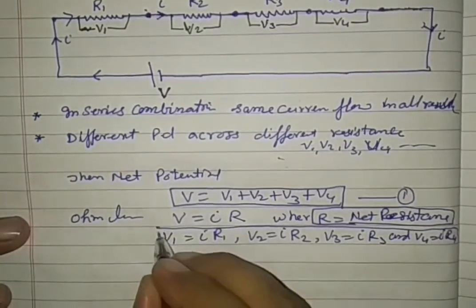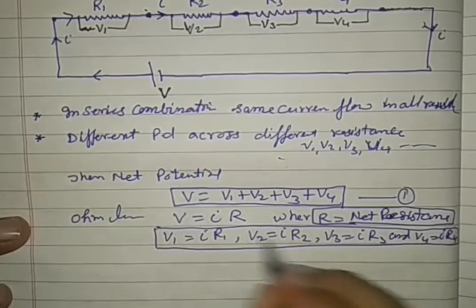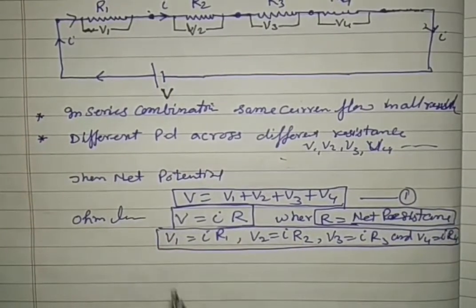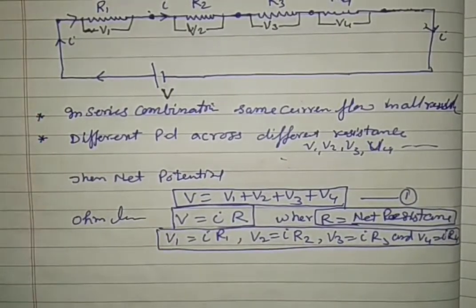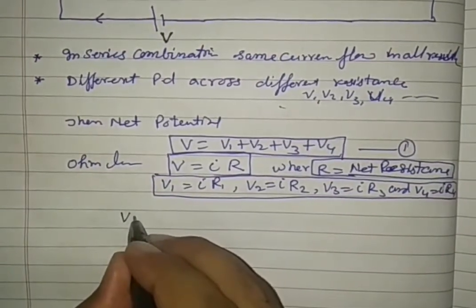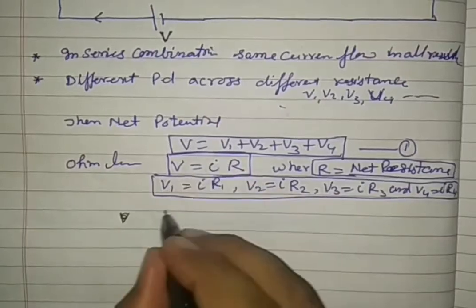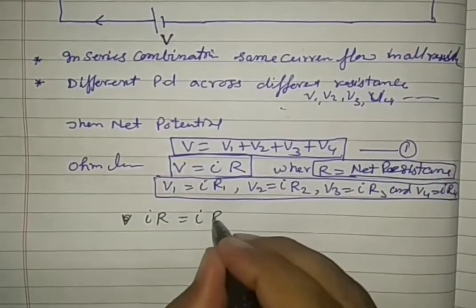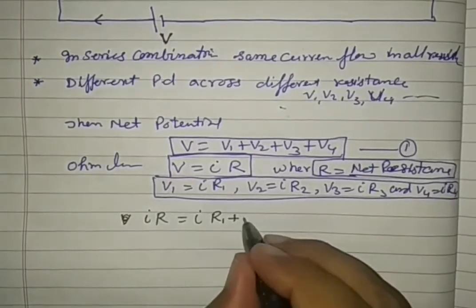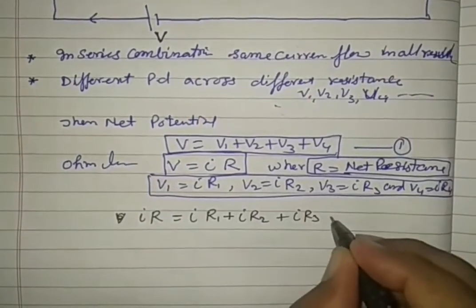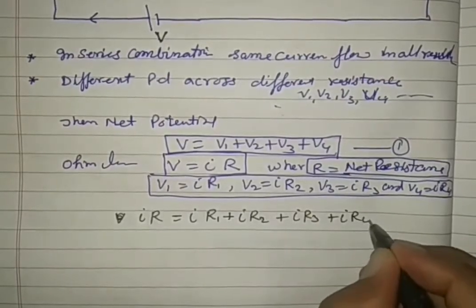This is one equation and this is another equation. Putting these values in equation number 1, we may write, in place of V, IR is equal to IR1 plus IR2 plus IR3 plus IR4.